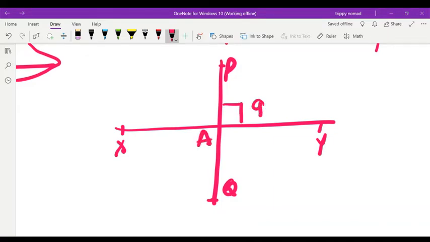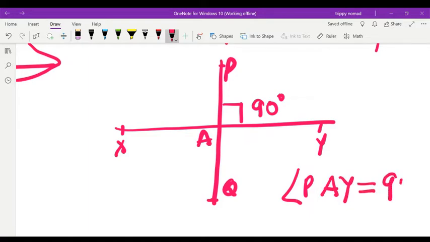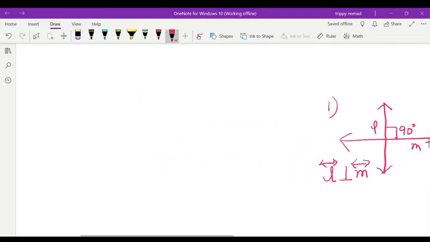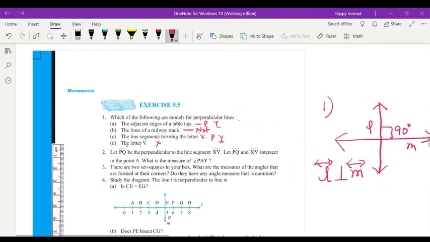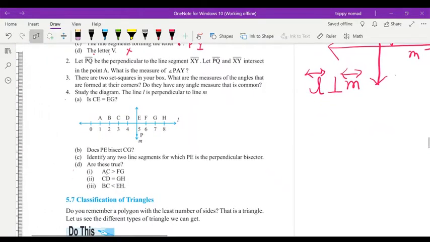At point A, and this angle will be 90 degrees. So PAY will be 90 degrees. These two line segments intersect at point A, and what is the measure of angle PAY? That will be 90 degrees, because two lines which are perpendicular to each other will intersect at right angle.